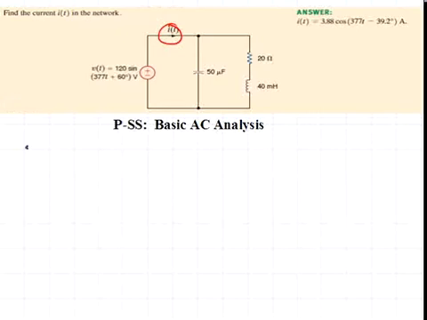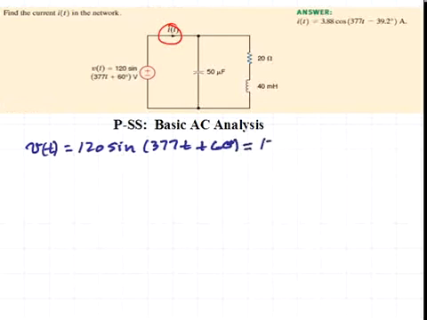We have the time domain voltage V of t is equal to 120 sine 377 t plus 60 degrees. And we'd like to put that in the standard format of a cosine function, so this will equal 120 cosine 377 t minus 30 degrees volts, where there is a 90-degree shift between the sine function and the cosine function.